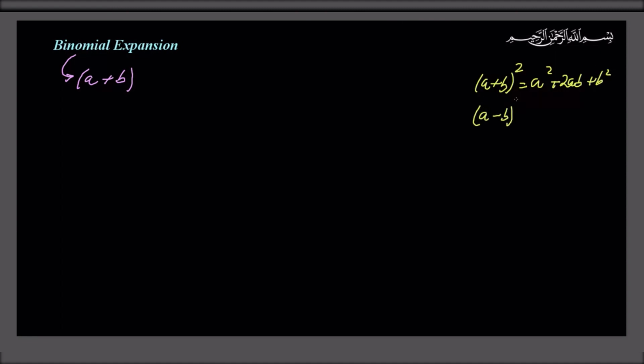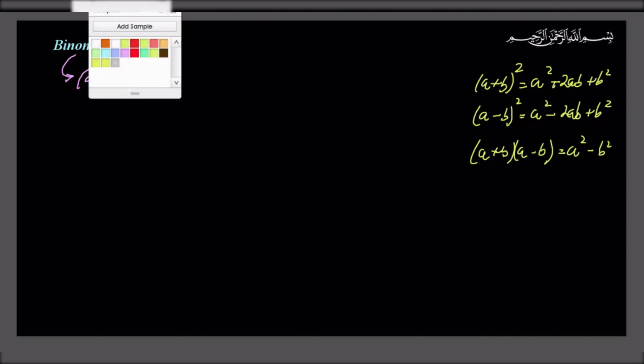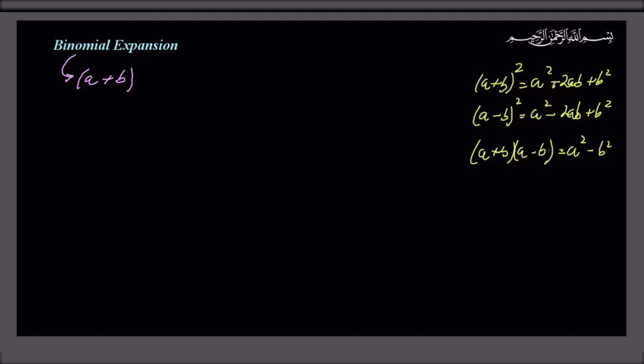A minus b squared is a squared minus 2ab plus b squared. And then we had the product of the difference, a plus b times a minus b, and that was a squared minus b squared. That's very basic, and you should really know that, because you really can't escape that. All right, so we have done that before.